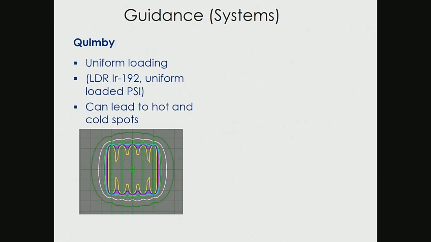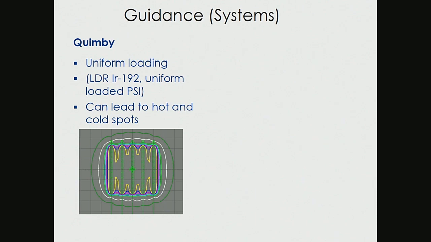In terms of systems, in the last couple of summer schools, they discussed historical treatment systems in great detail. Historically, there's the Quimby system, where sources were uniformly loaded throughout the implant.